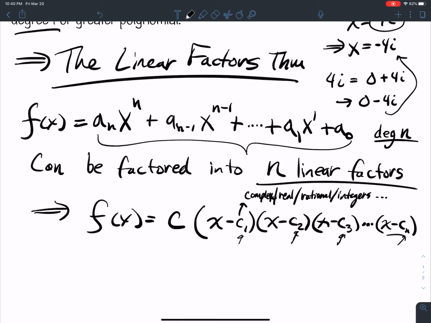Okay, so basically just think of those c's as any number you can think of. All right, any number that you know. All right, you want to learn numbers that are outside the complex field. You're going to need to go to graduate school, and they'll tell you about quaternions. All right, so good luck with that.